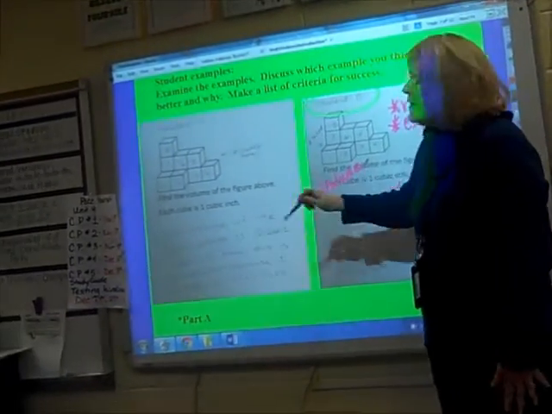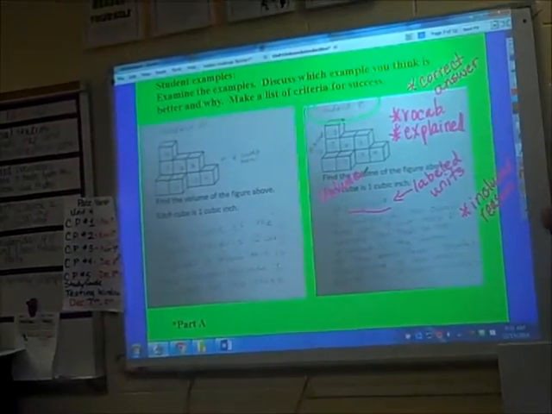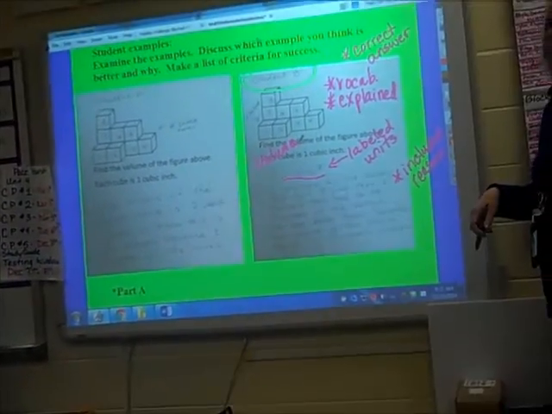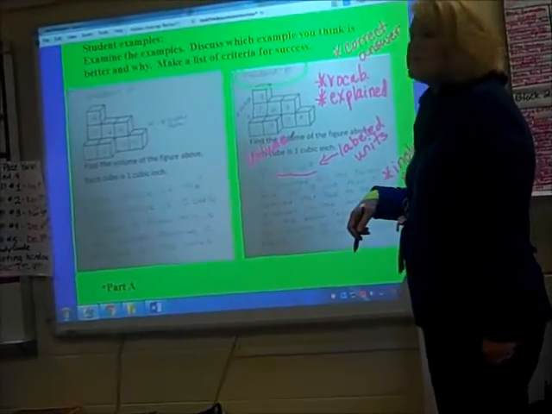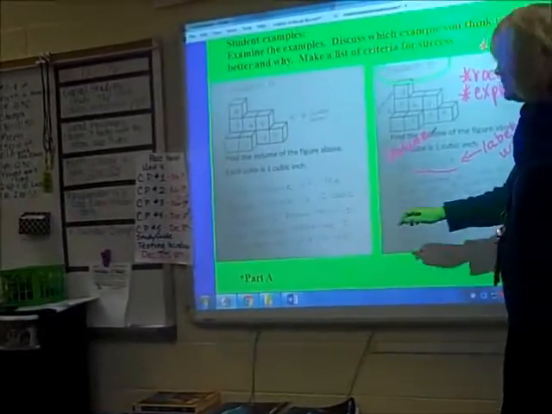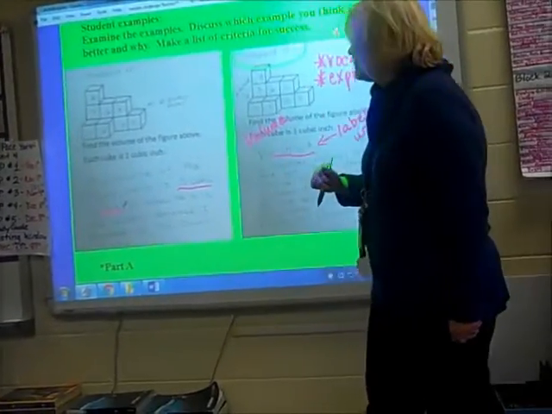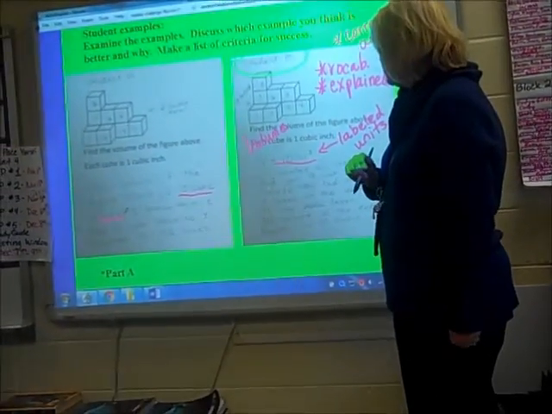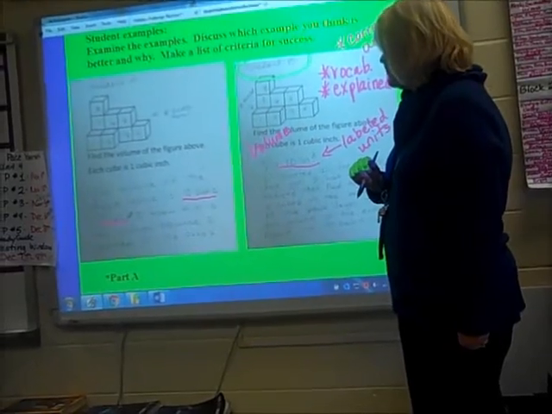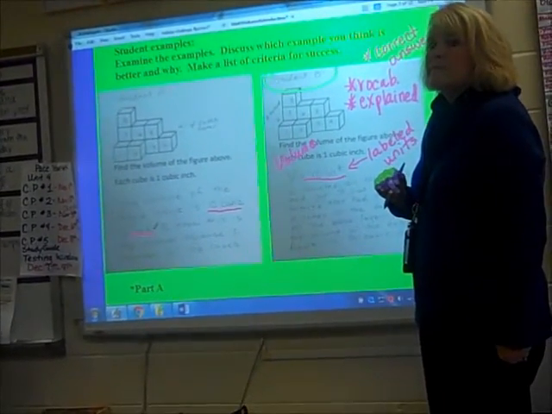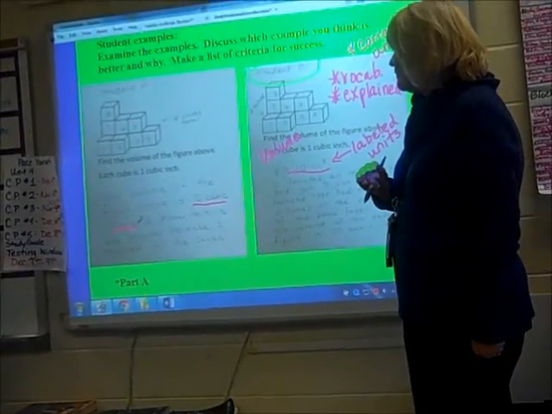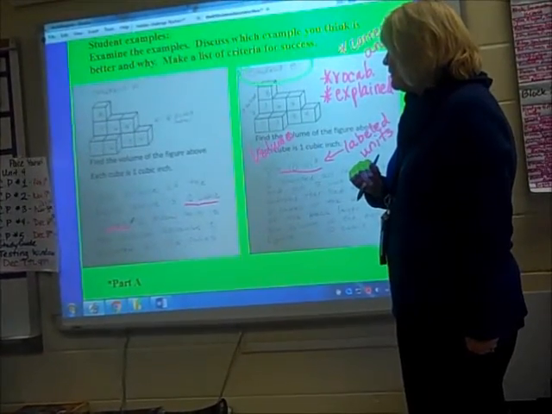What about student A? Did they get the answer right? Student A got the answer right, but student B actually wrote volume rules and actually labeled the units. When student A just wrote 10 cubic inches, they didn't write the volume of it.